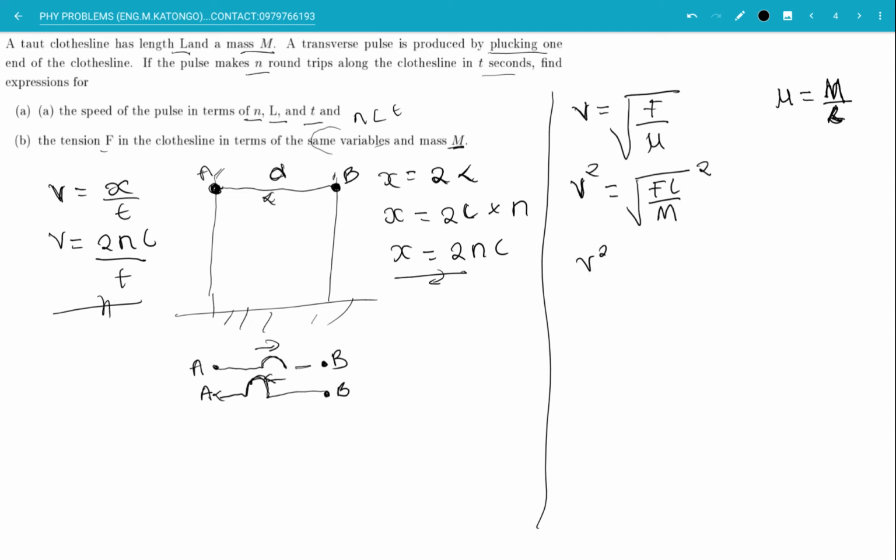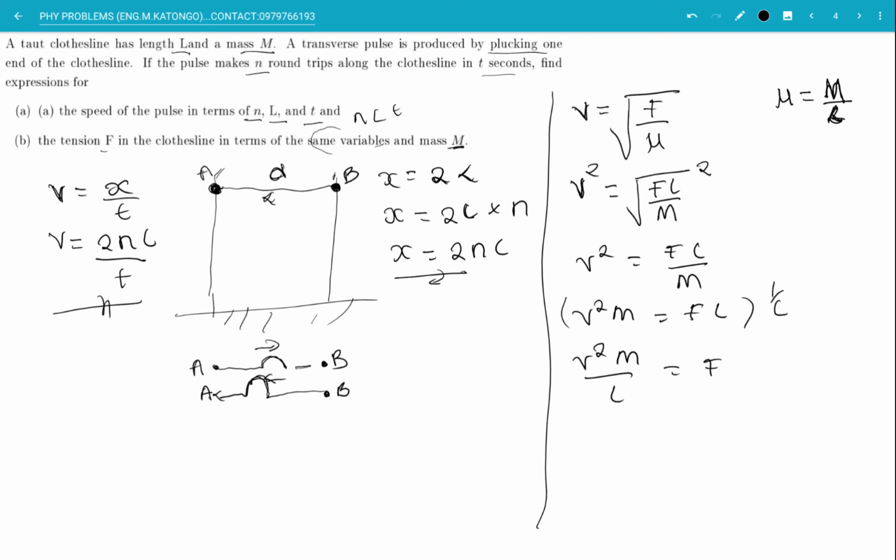We'll have v squared is equal to FL over m. Hence, we'll have v squared m is equal to F times L. Dividing both sides by L, we'll have v squared m over L being equal to F, which is the tension.